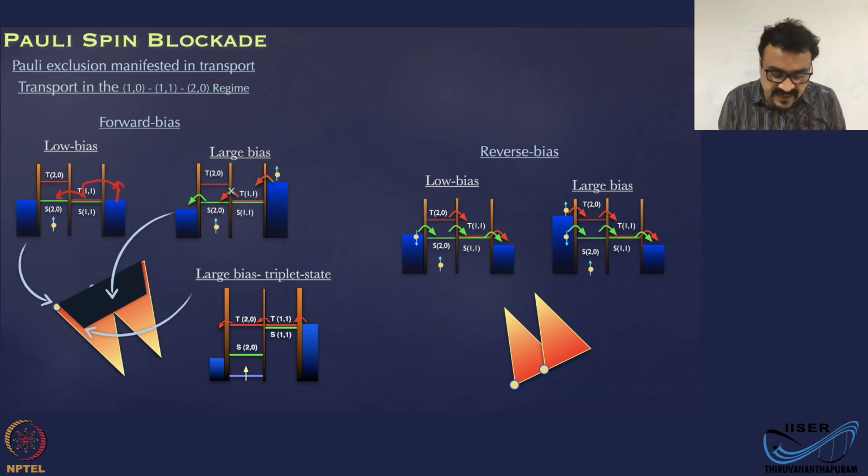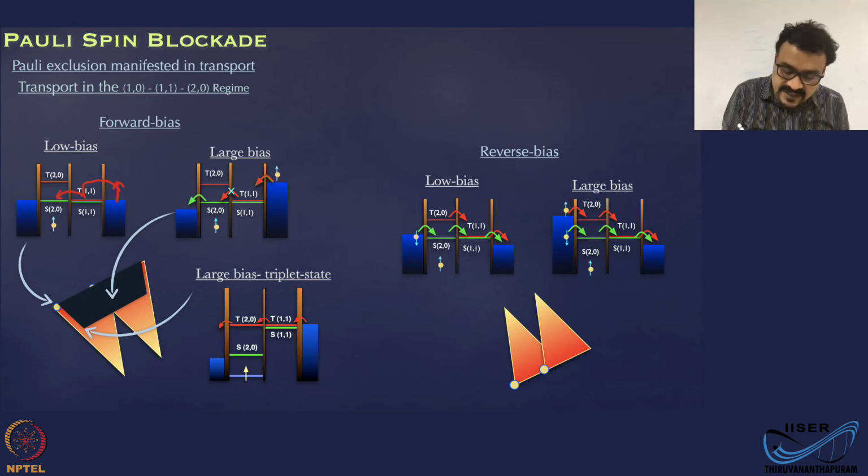Okay, but it's okay. This electron can tunnel back because in this low bias regime, the level here is in resonance with this Fermi level.